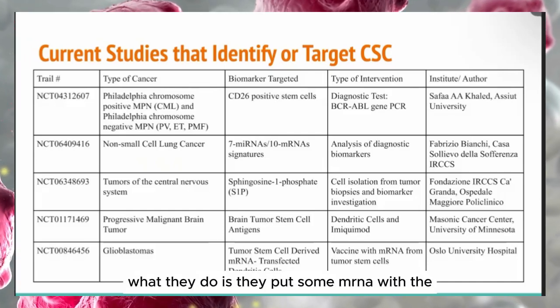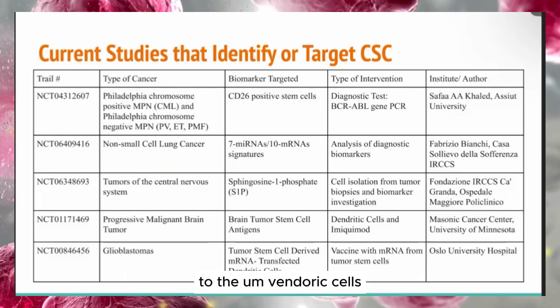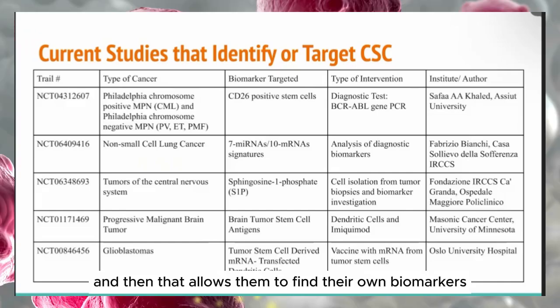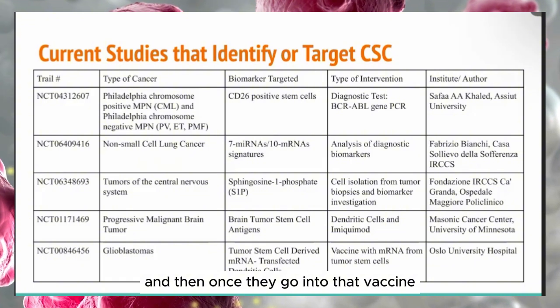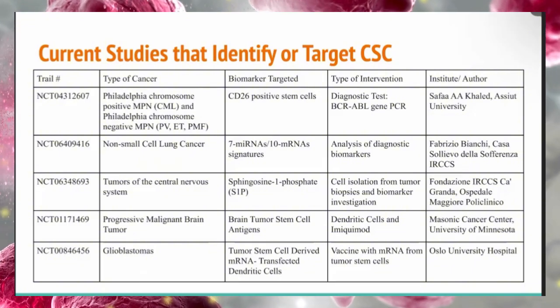To do that, they put some mRNA with the dendritic cells, and that allows them to find their own biomarkers. Then once they go into a vaccine, they can target cancer stem cells.